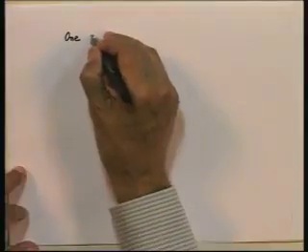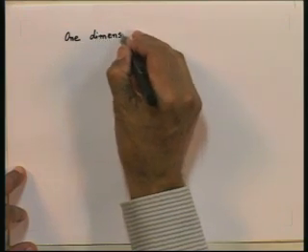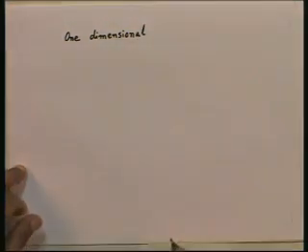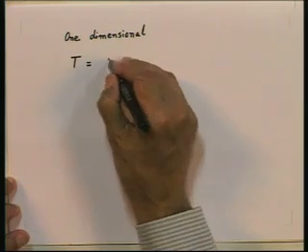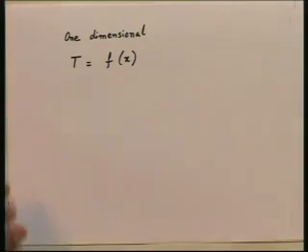Let me write that down. One dimensional. And since it is steady state, the temperature in the slab will only be a function of one direction, and we will call that the x direction.